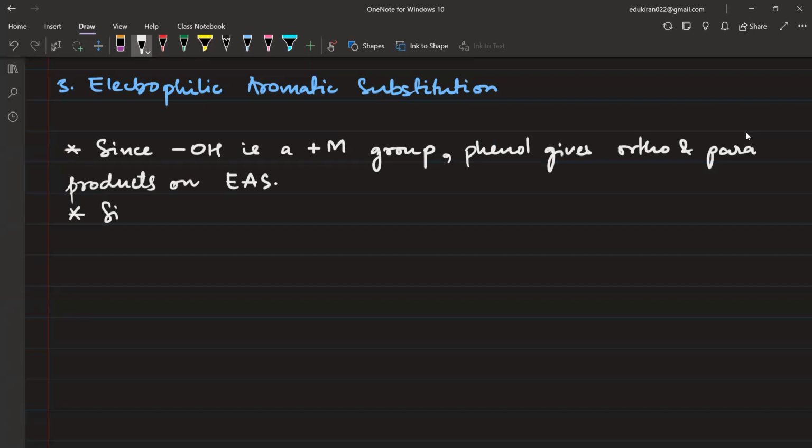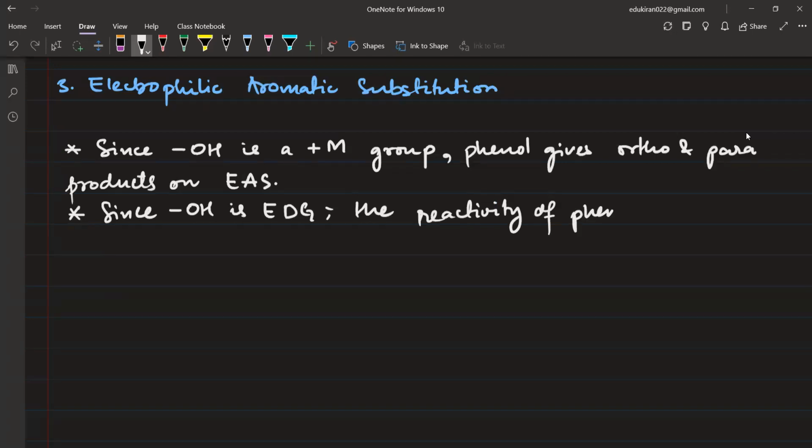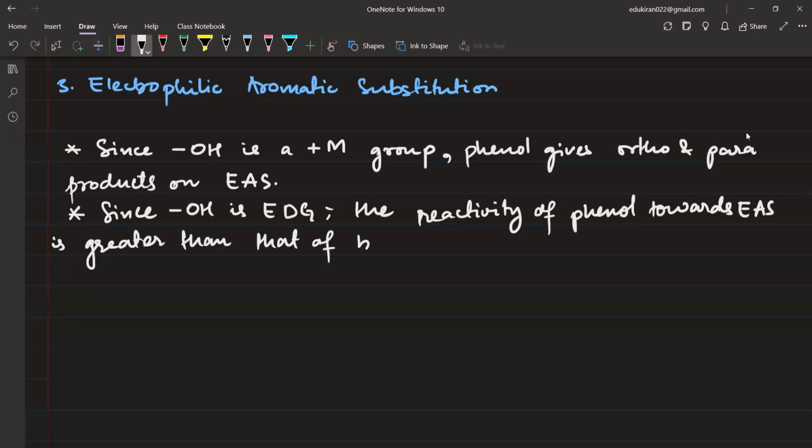One more thing. Since OH is an electron donating group, the reactivity of phenol towards electrophilic aromatic substitution is greater than that of benzene. So phenol is more reactive than benzene towards electrophilic aromatic substitution.